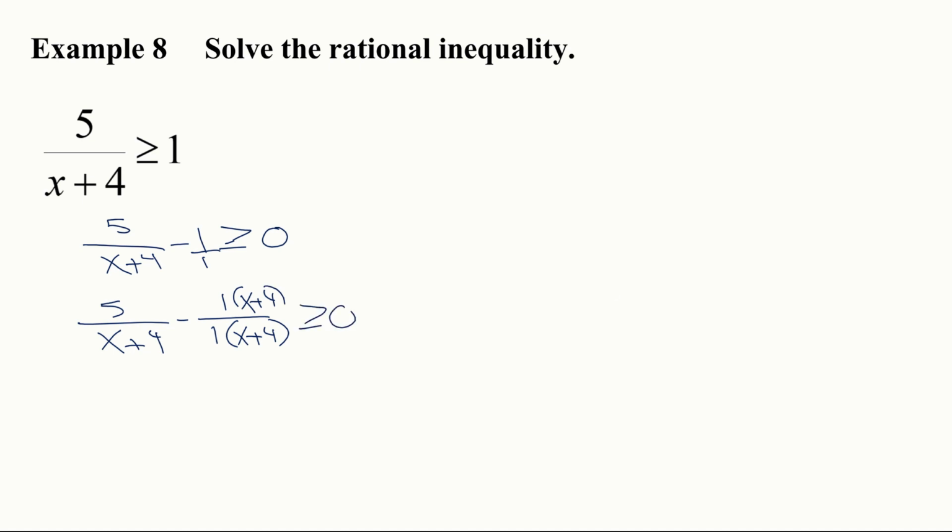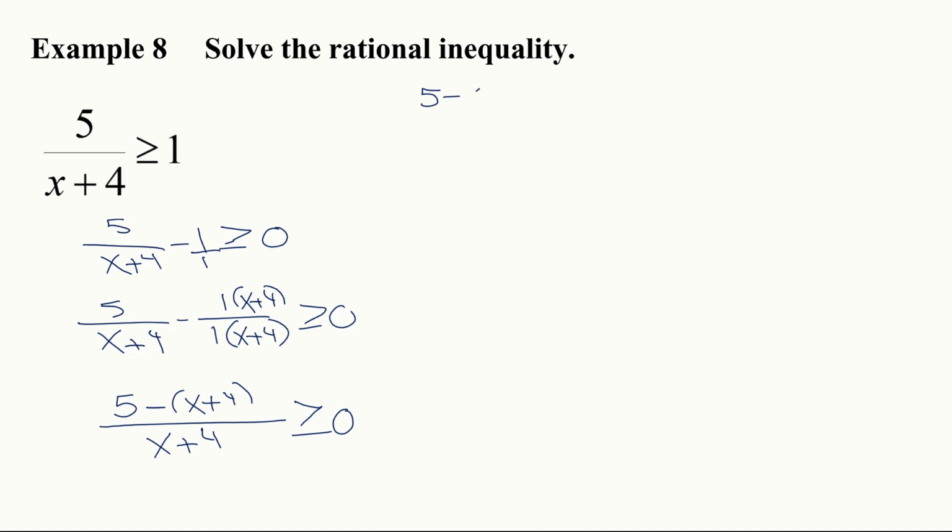So now on the top we have 5 minus quantity x plus 4. Be very careful, you need the parentheses. Downstairs they're both x plus 4 now, so we can just put 1 x plus 4, so like this. All right, so take your time, don't rush.